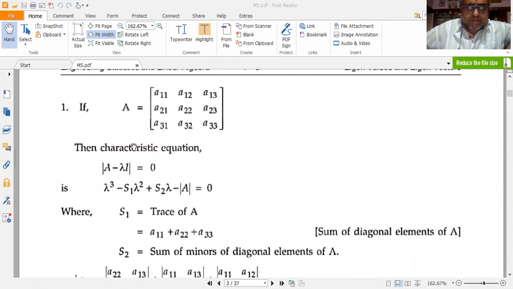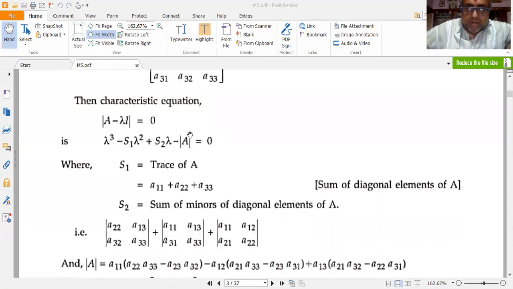For a 3 cross 3 matrix, the characteristic equation is simply given by lambda cubed minus s1 lambda squared plus s2 lambda minus determinant of A.